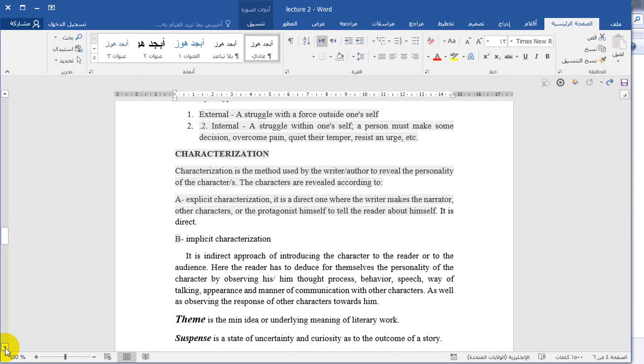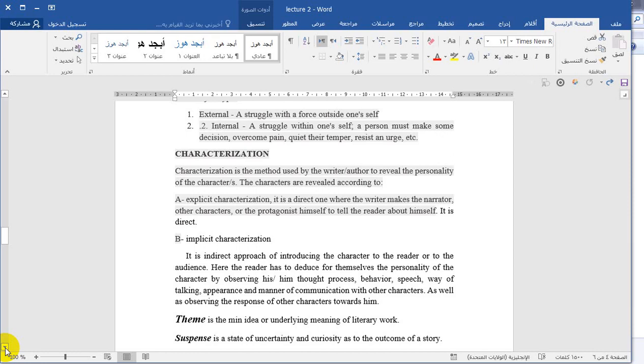This is the personality of, for example, the elder sister, who is something like a bride. What about the second sister? The second sister is very weak. She imitates her older sister. What about the little sister? The little sister is very brave, and she has sympathy towards poor people.